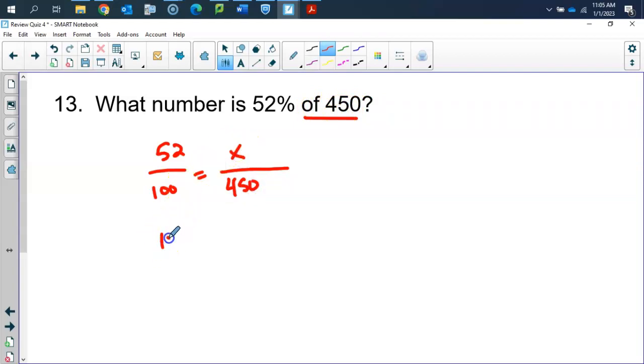Cross multiply. We get 100x equals 52 times 450, which is 23,400. Divide both sides by 100. Oh boy, this is slow. I get x is 234.